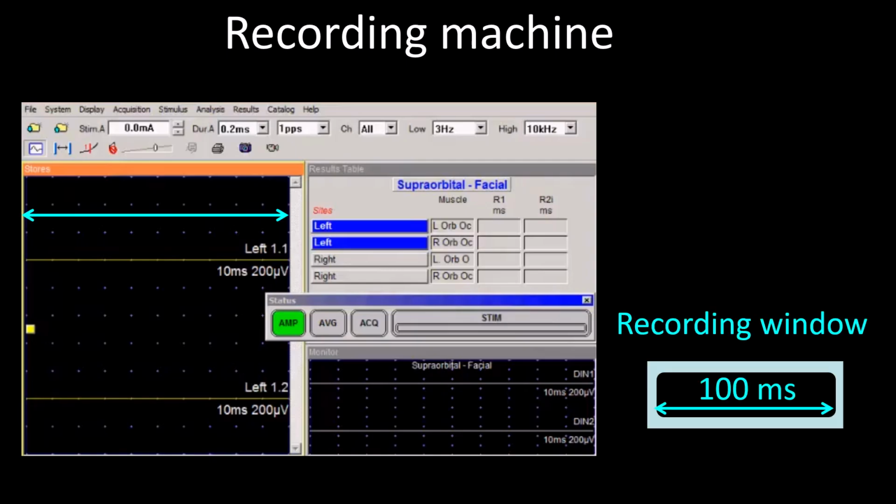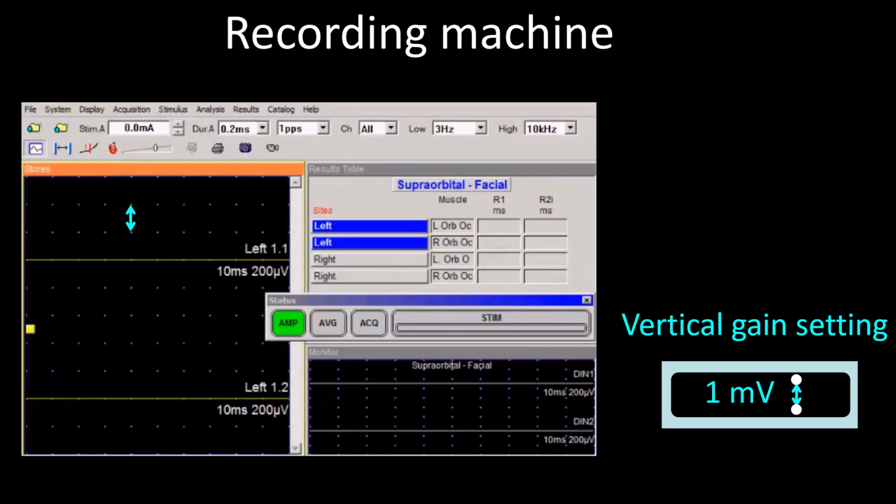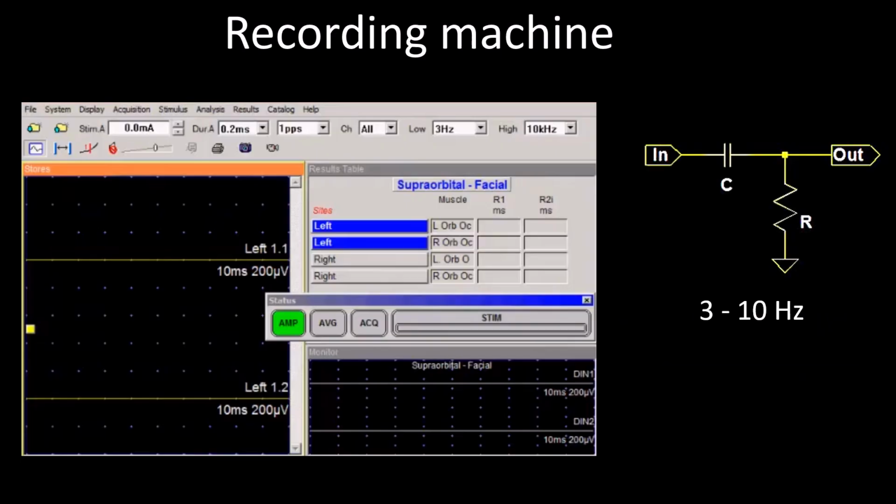The recording window is usually set at 100 milliseconds with a horizontal sweep speed of 10 milliseconds, a vertical gain usually ranging from 1 millivolt to 100 microvolts. Low frequency filters are set between 3 and 10 Hz, high frequency filters between 3 and 10 kilohertz.